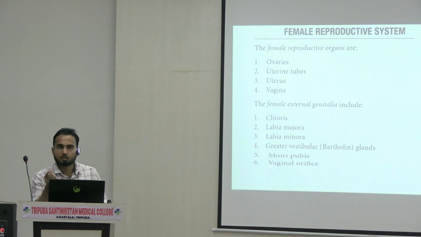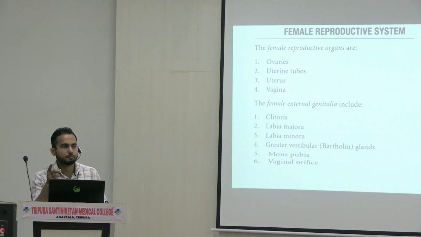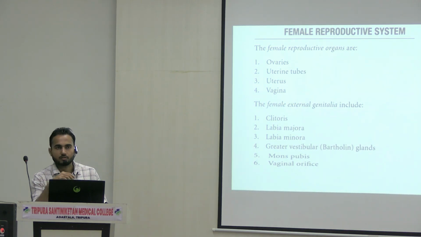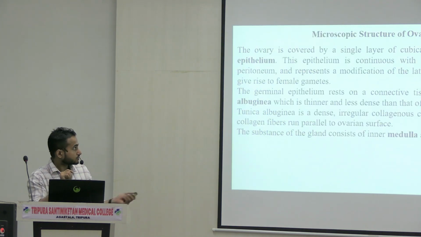Now what is present in the cortex and what is present in the medulla, that you have to know. That is everything about the microscopic structure of the ovary. I hope it is clear. Regarding the kidney and then the suprarenal gland, I hope you have seen what is present in the cortex and what is present in the medulla. That concept we have already discussed.